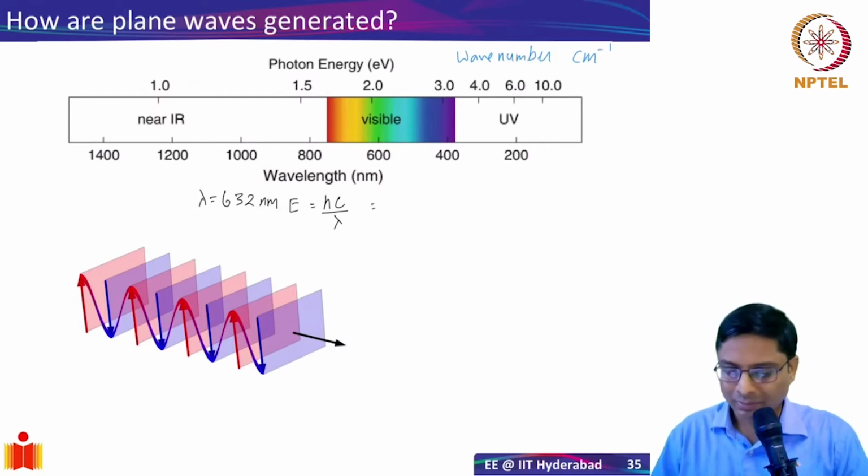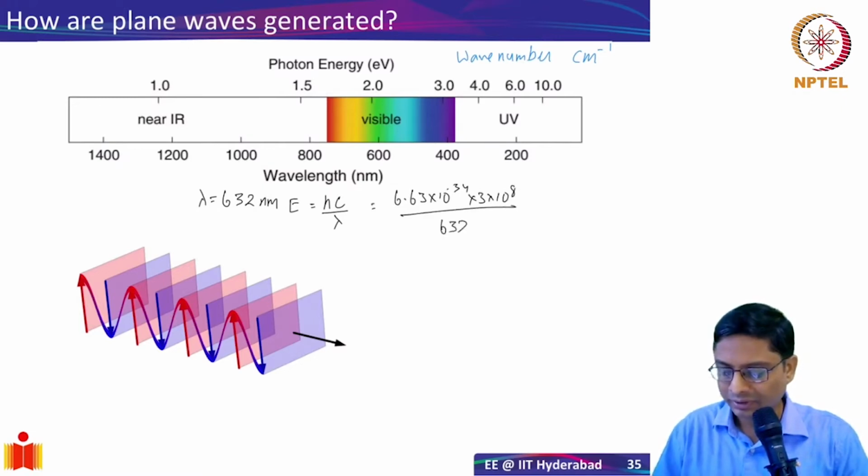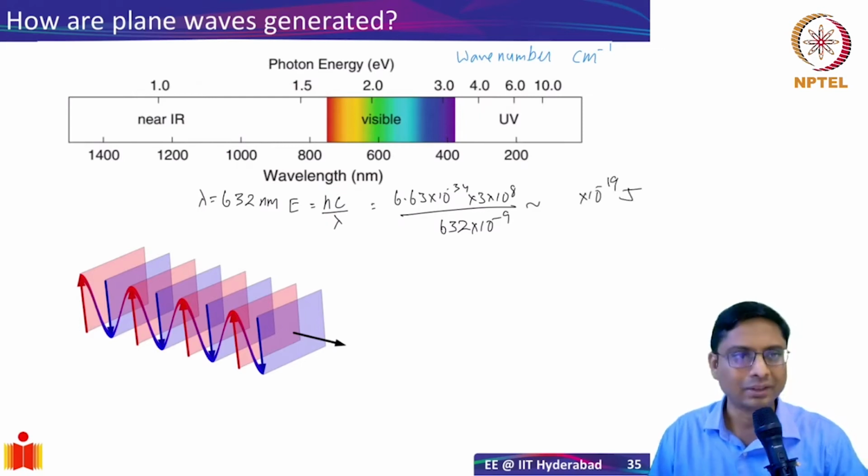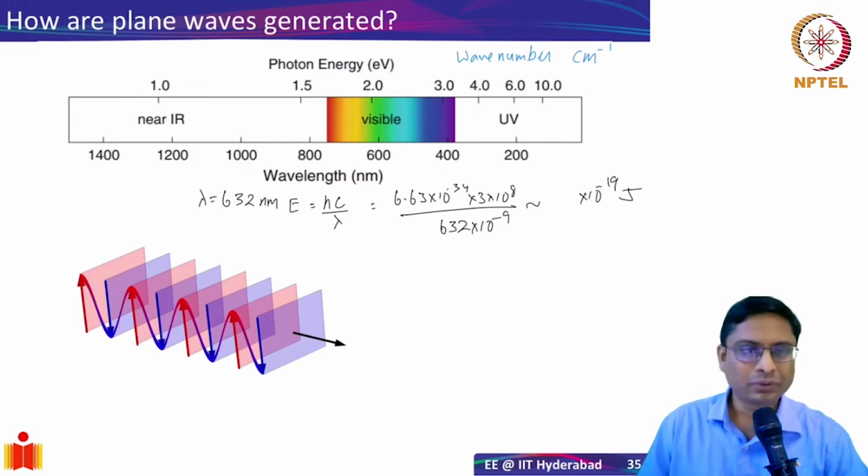So I'll simply write out Planck's constant here, 6.63 times 10 power minus 34, and 3 times 10 power 8, divided by 632 nanometers. Okay. And if you calculate this, it will turn out to be roughly of the order of 10 power minus 19 joules. But we don't find it convenient to talk of joules every time because it's 10 power minus 19, right?